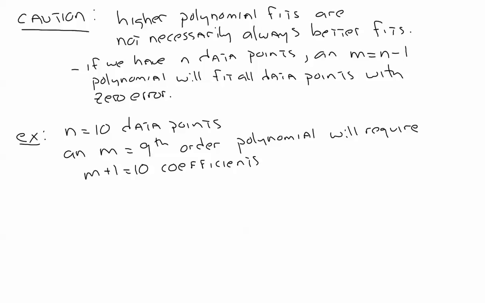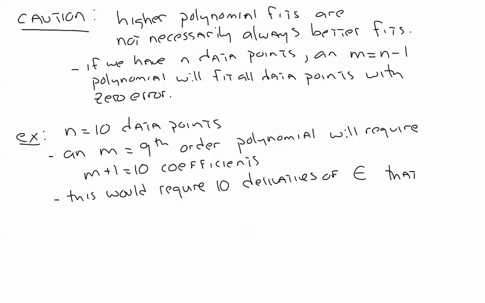All right? This will ultimately, we're not going to do this, but this would require 10 derivatives of some squared error term epsilon that we would then set equal to 0. And I haven't shown you what epsilon might look like for a 10th order polynomial fit, but epsilon in this case is a collective squared error term for some higher order polynomial.